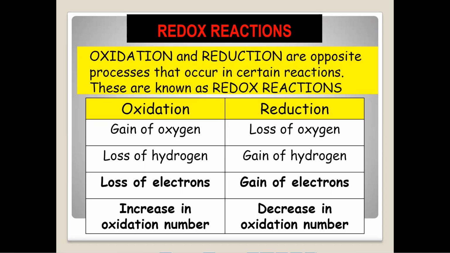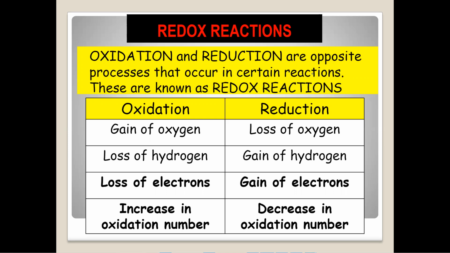So wherever you see loss for oxidation, reduction has gain. They're opposite in action. The other thing that you notice is that they tend to go hand in hand. Where you have oxidation taking place, you have reduction taking place. Hence, they came up with redox reaction because it occurs simultaneously.